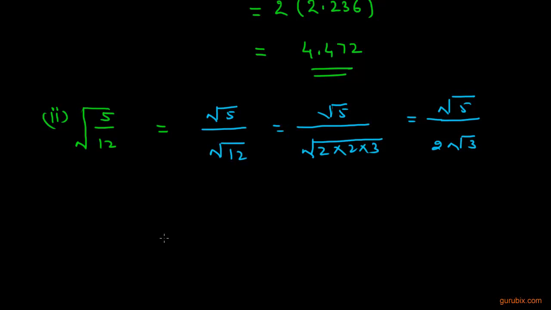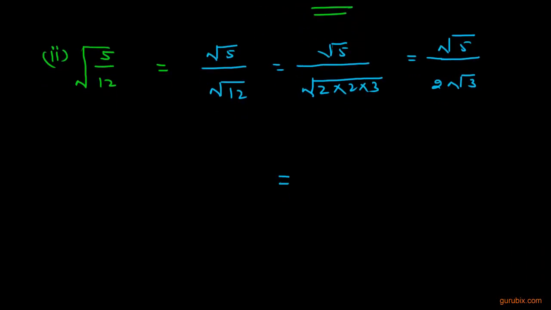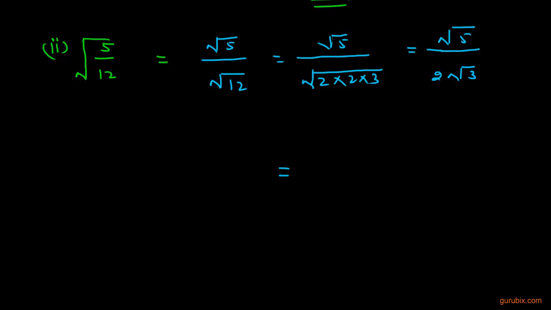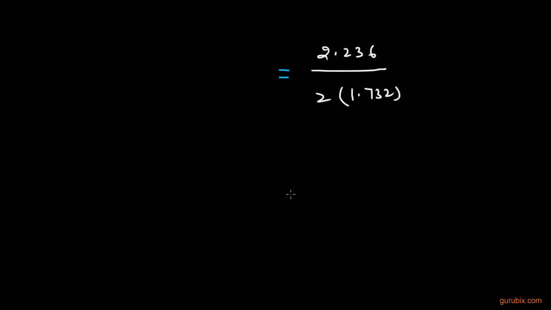Now we shall use the square root table. In the square root table the value of root 5 is 2.236, and the value of root 3 is 1.732. Now we should calculate this value. If we cancel out this 2 with this 2.236, we get 1.118.